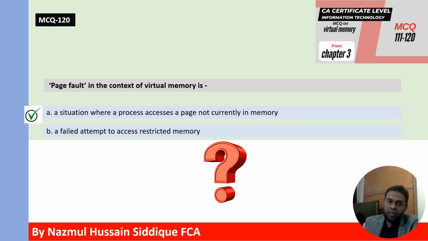The correct one is option A. A situation where a process accesses a page not currently in memory is the page fault.